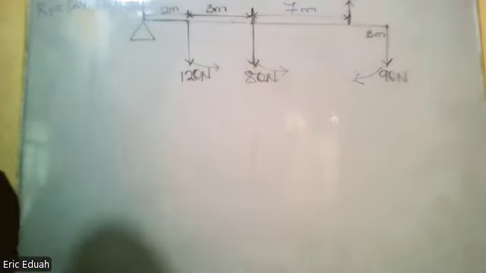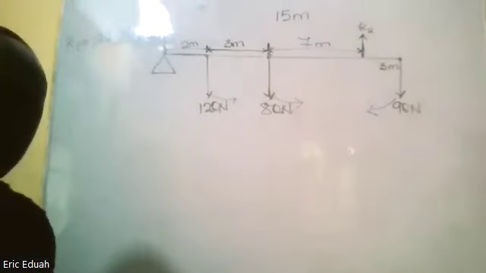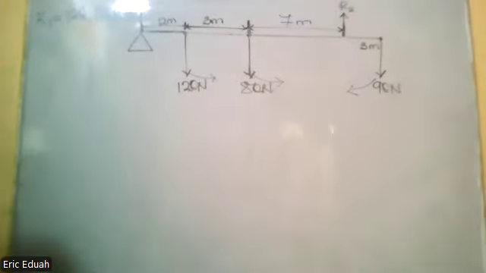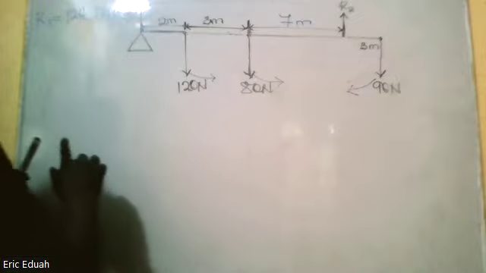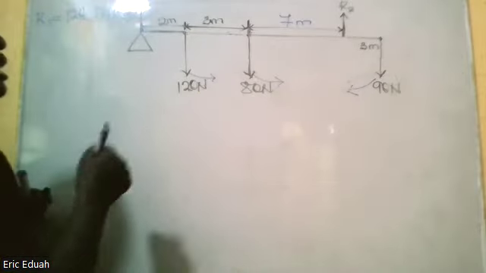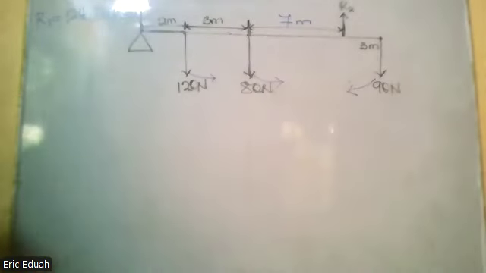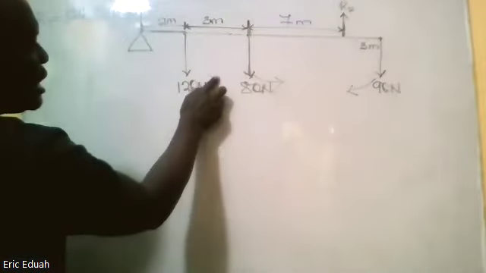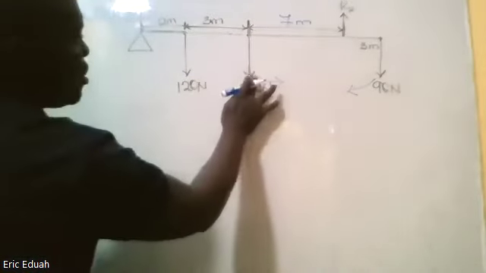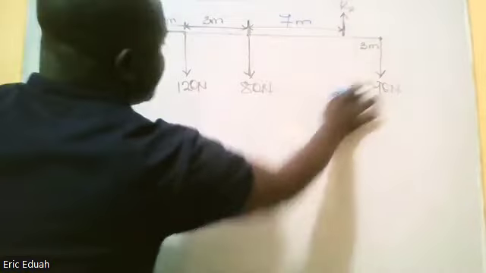It's not eliminated with the reaction. Now we identify the moment. R1 would give us 0 moment, but the direction of the others will also change.